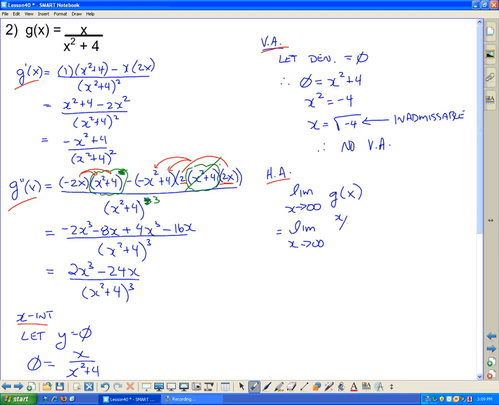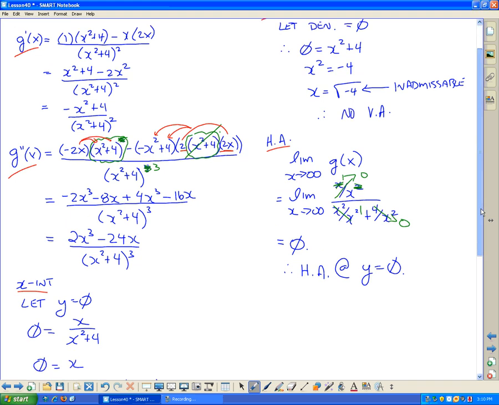So it's going to be x over x squared over x squared over x squared plus 4 over x squared. I'll go down to 1 over x on top. Those guys would cancel out to create a 1. And this is going to head to 0. 1 over x is going to go to 0. So therefore it's 0. So therefore we have a horizontal asymptote at y equals 0. So we have our asymptotes.